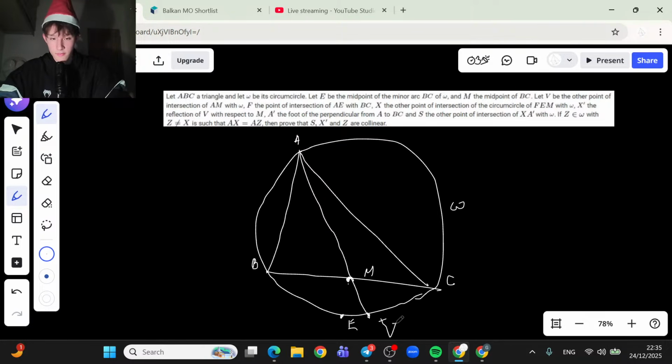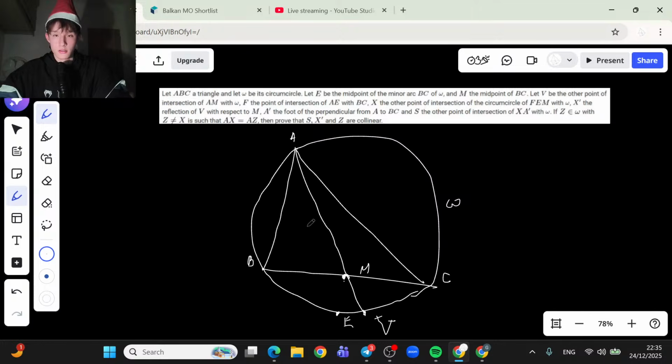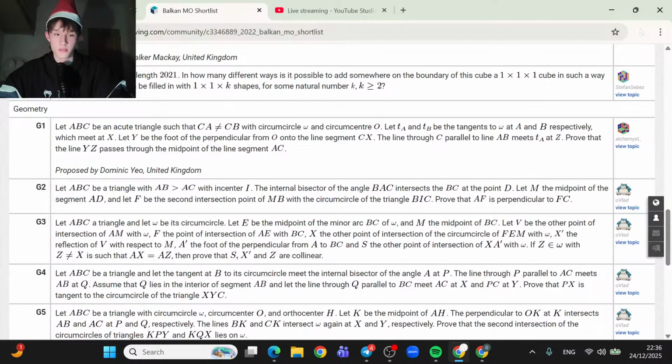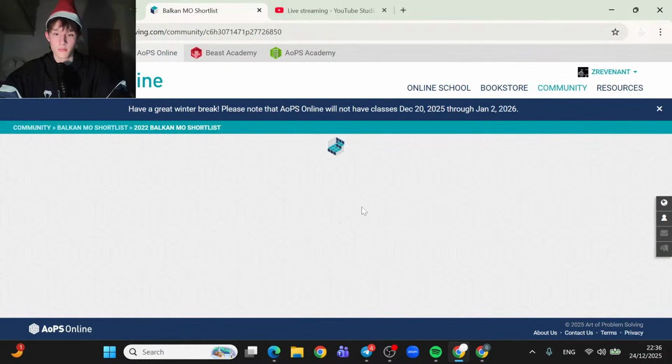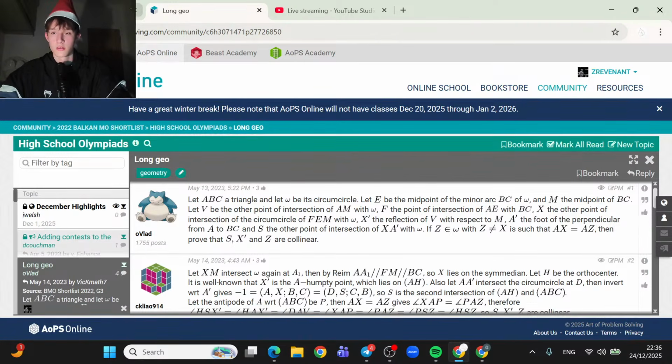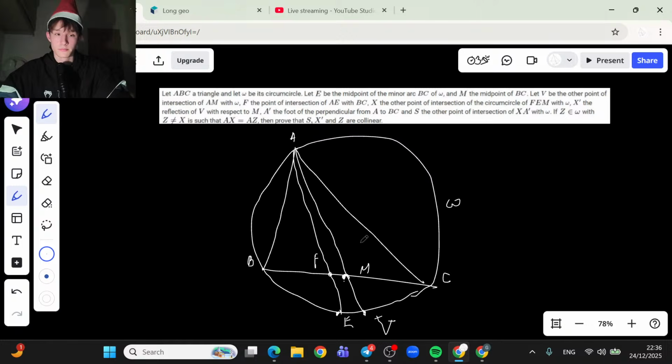Okay. We have V here, and F is the point of intersection of AE and BC. So it's just the bisector. Again, wait, who's the writer of this question? Did they write it in the post? Oh no, they didn't. Okay, X is the other point of intersection of the circumcircle FEM with omega.